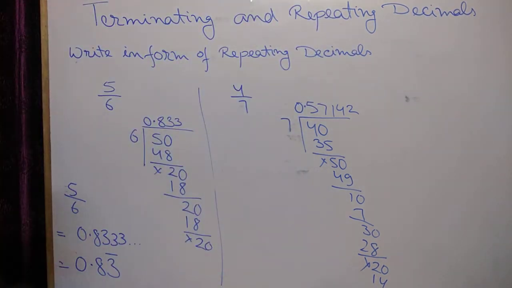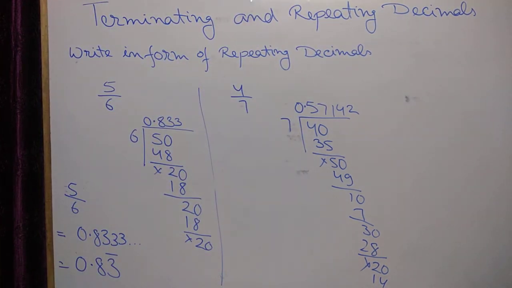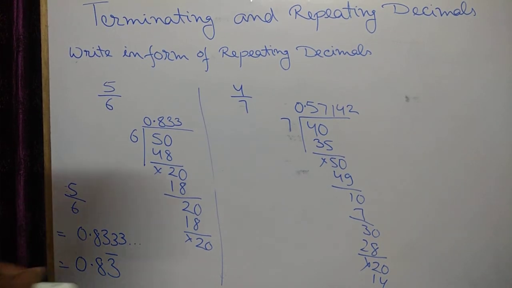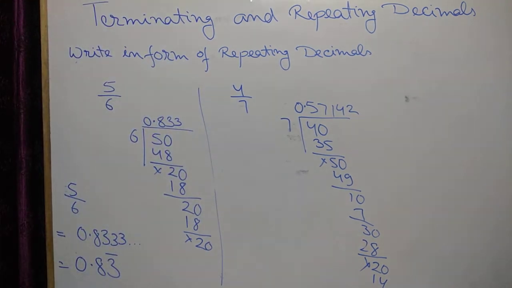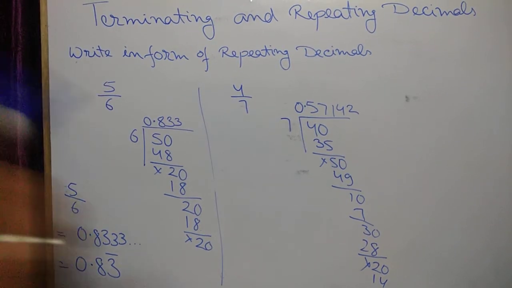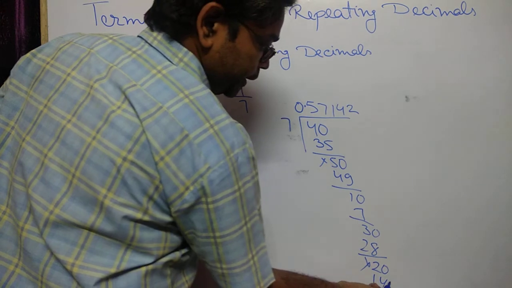See, it's a very lengthy division. It's a lengthy one, but we have to divide it. See here, it's a 6. Hope you can easily see. It is not visible. 14 is visible. So after 14, I am continuing from this side. 14 means what?